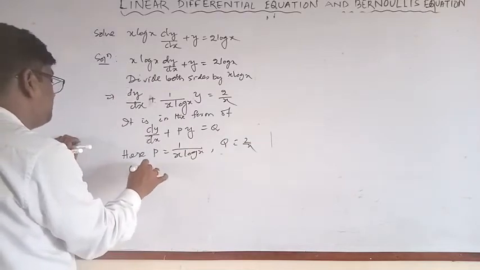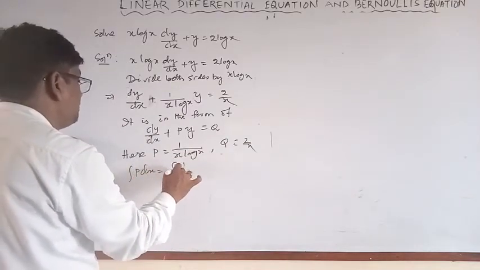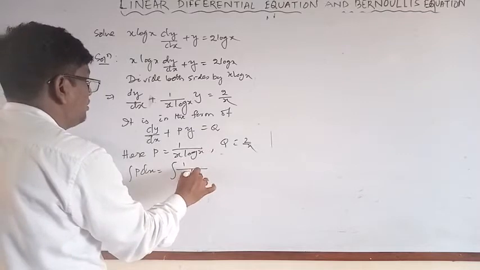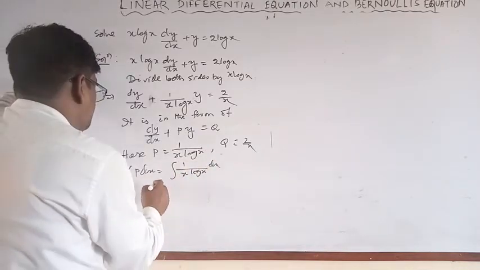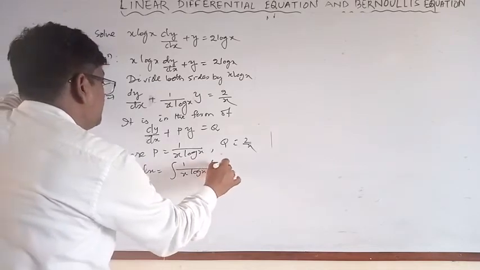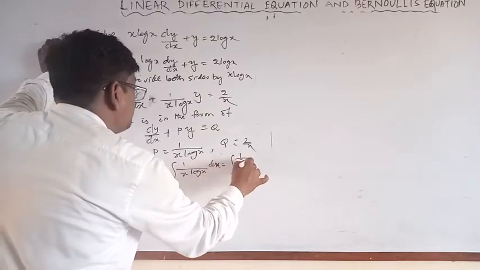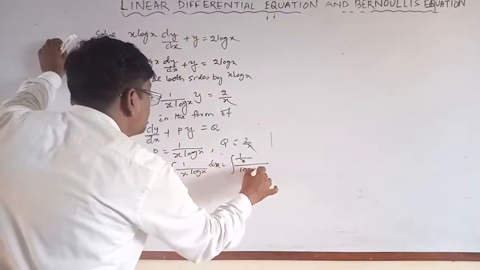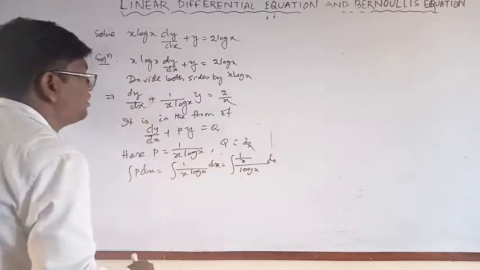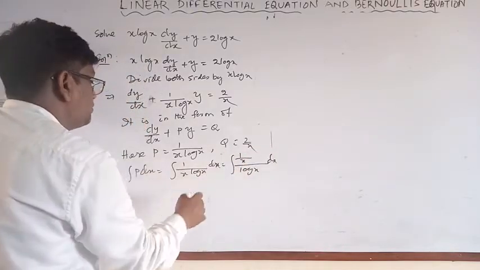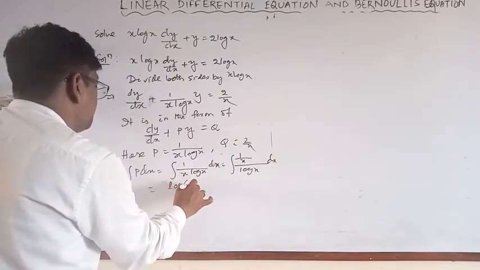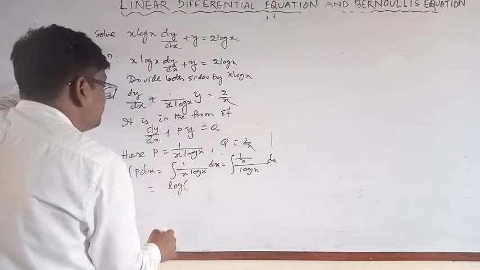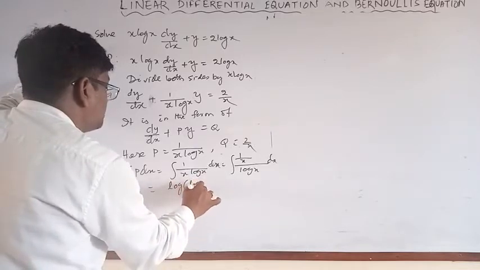Now integration p dx, that is integration of 1 by x into log x dx. So we can write here 1 by x by log x dx. So this is f dash x by fx, so this is log of log x.